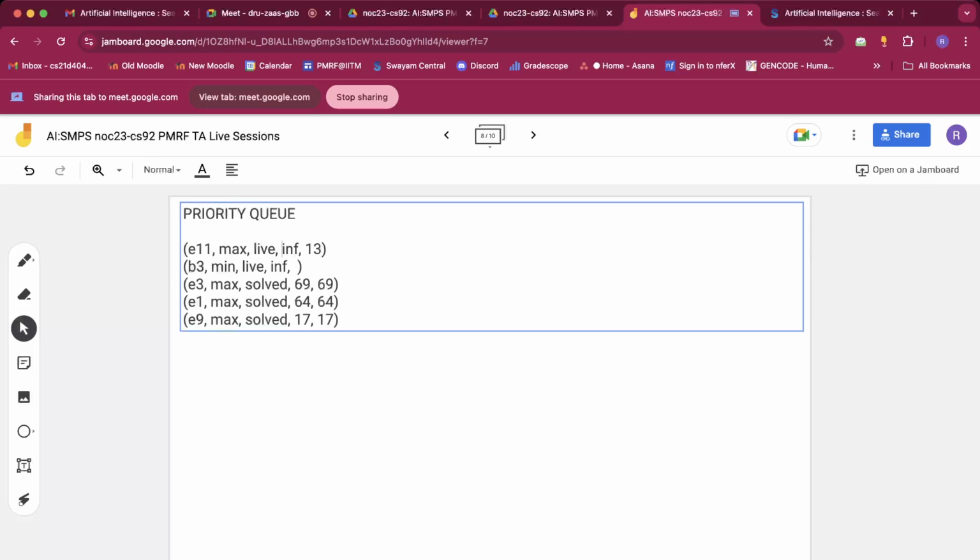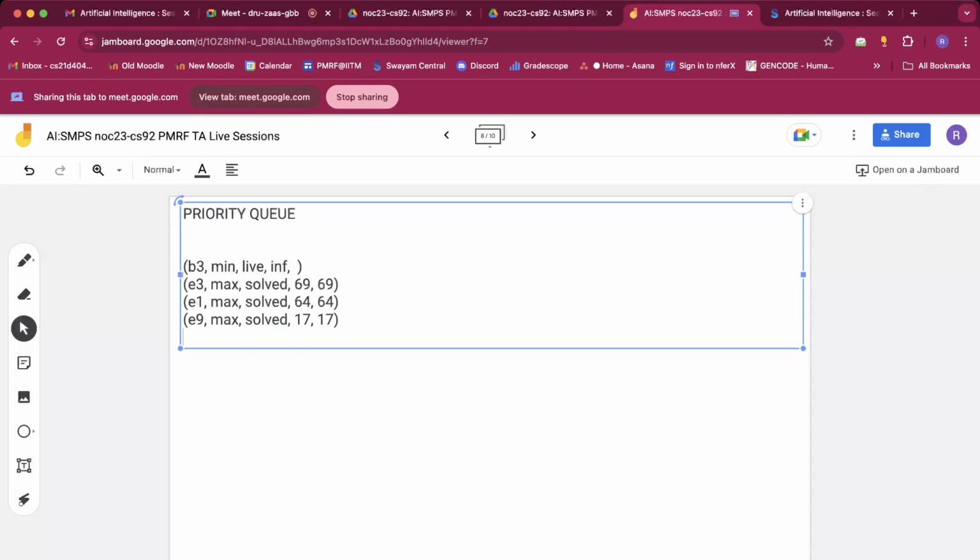Again it has a value, so we can label it as solved. Change the bound to 13, pop it, add it to the bottom of the priority queue.